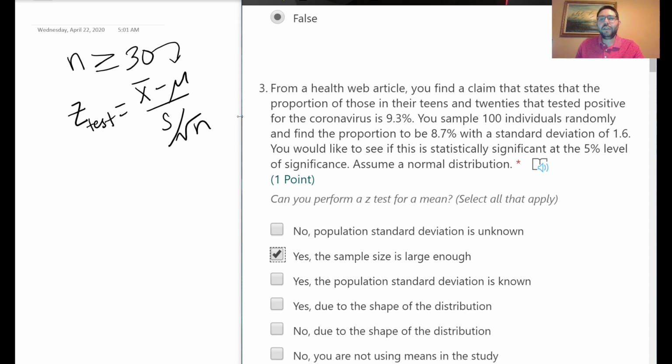Now, if the sample size is large enough, this means I can replace sigma with s, if they give us s. As it says here, you sample 100 individuals randomly, with a proportion of 8.7%, standard deviation of 1.6. Now, this standard deviation that they give you is from your sample. So that's s.